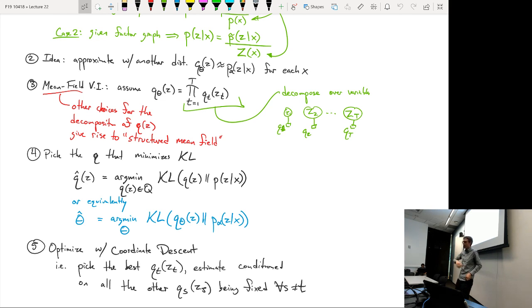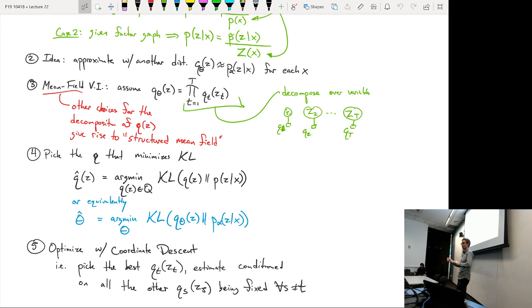In Gibbs sampling, we came up with this full conditional distribution, and then we sampled a value of one variable at a time. Here, that's not what we're doing. We're saying we have these little Q distributions, which are kind of like distributions over each variable, and maybe unnormalized distributions. We're going to take each one of those and estimate the entire distribution for that variable, conditioned on all of the other estimates of those Q distributions.